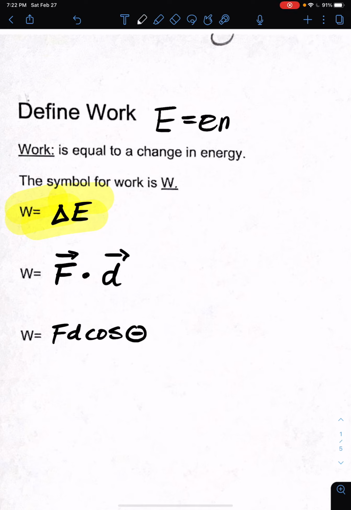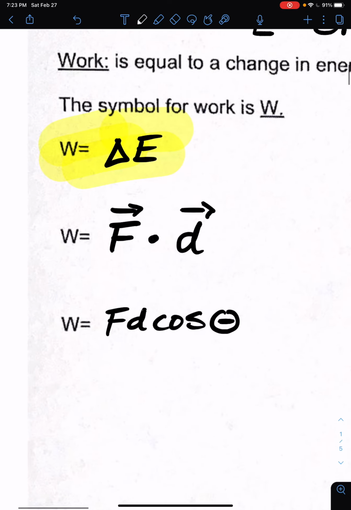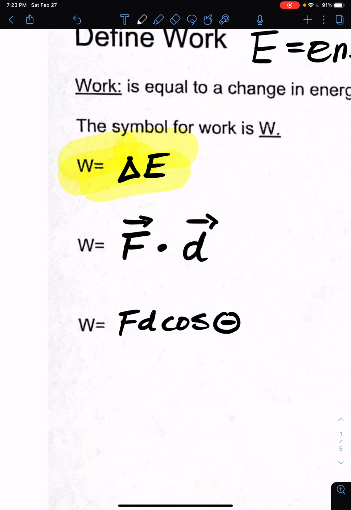I forget we haven't really talked about energy yet. And the triangle there is delta. The only other thing is these vector symbols over F and D. The arrows are just saying that F and D are vectors. Vectors have magnitude and direction.